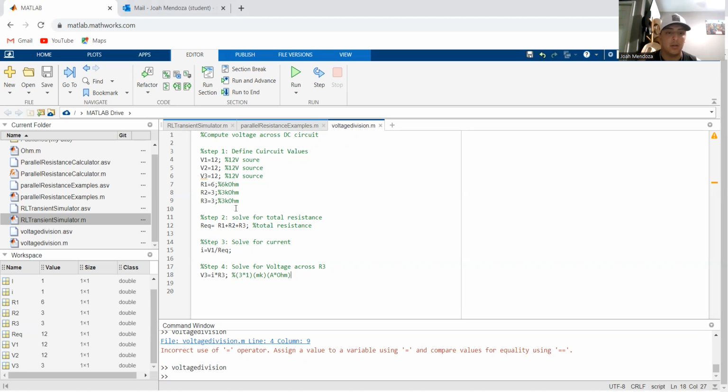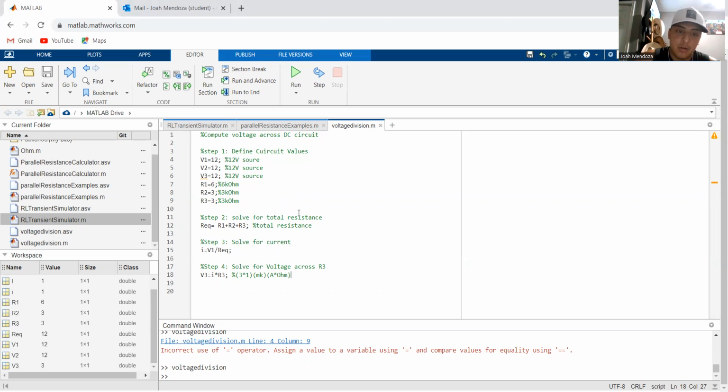Step 2 says solve for the total resistance. Right here is where we start to do the actual voltage division to find the voltage across our third resistor. So you solve for the total resistance. In order to do that, you just add all the resistance values together.